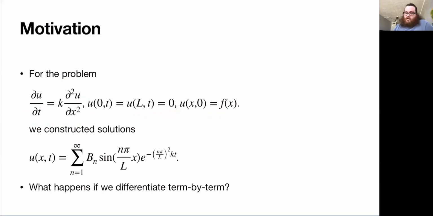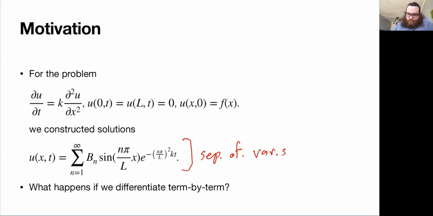So this is via separation of variables. Using separation of variables, we constructed these solutions where we have some constant times a spatial piece, which is a sine function, times these exponentials.